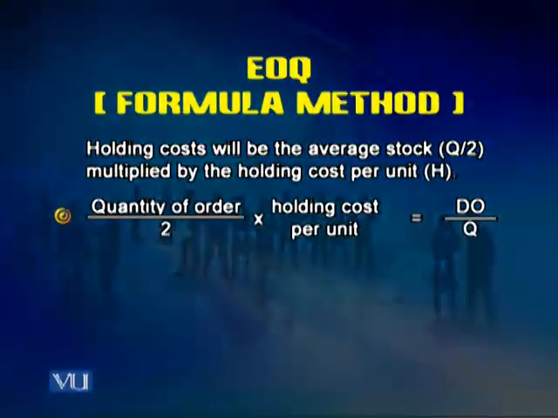If we denote the holding cost per unit as H, then multiplying H by Q over 2, which is the average stock, will give us the holding cost. Quantity of order over 2 multiplied by holding cost per unit is equal to QH over 2. So the holding cost will be given by Q over 2 into H, average stock into the holding cost per unit.